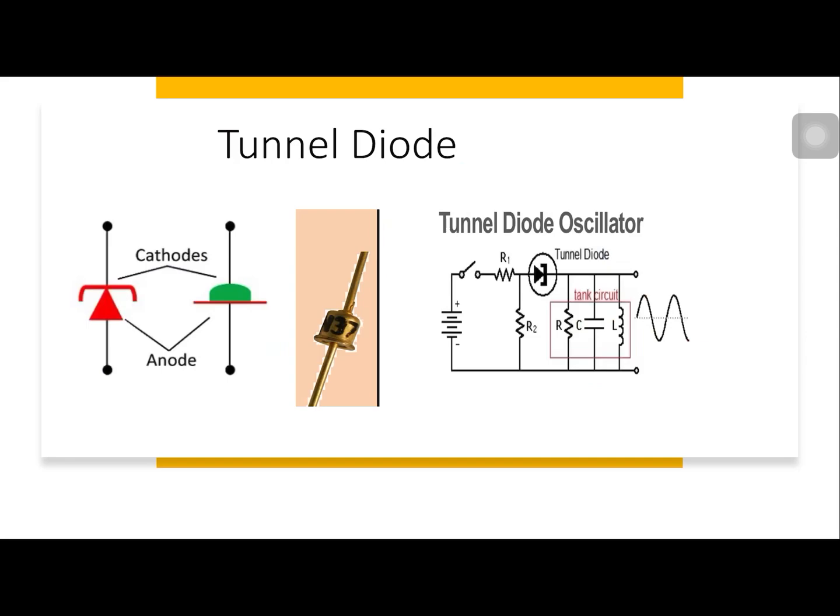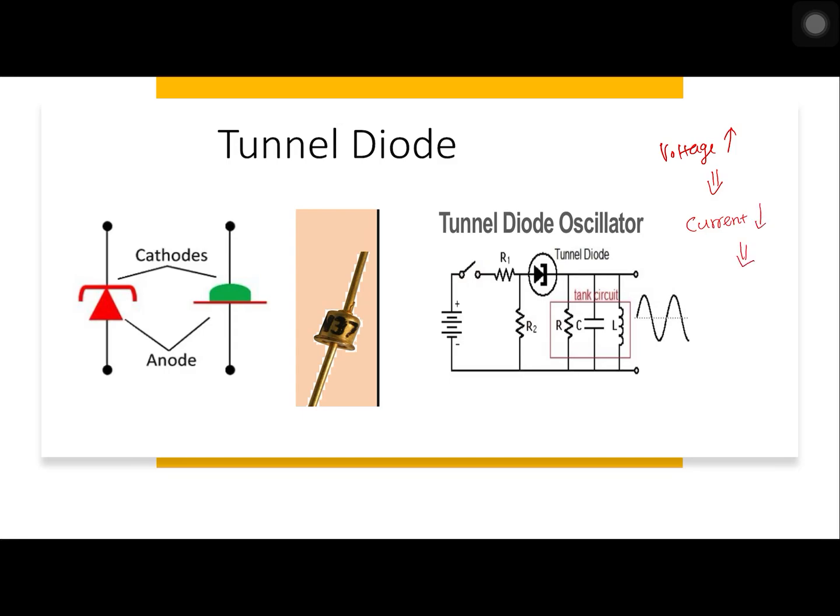The next diode is the tunnel diode. Tunnel diodes are heavily doped PN junction diodes, and they have a unique characteristic that as the voltage increases, current through these diodes decreases.